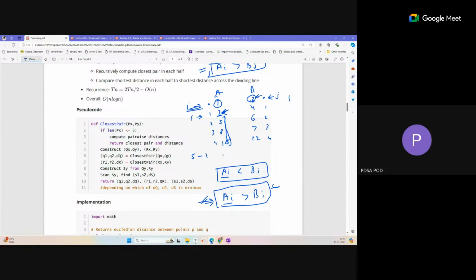So 5 minus 1 is 4. 4 means we have 4 elements, 3, 5, 8, 10, which are actually greater than this 2 and coming before that in A. So all are creating the inversion count with this 2. So we will directly increment our inversion count by this 4 value when we get this condition.